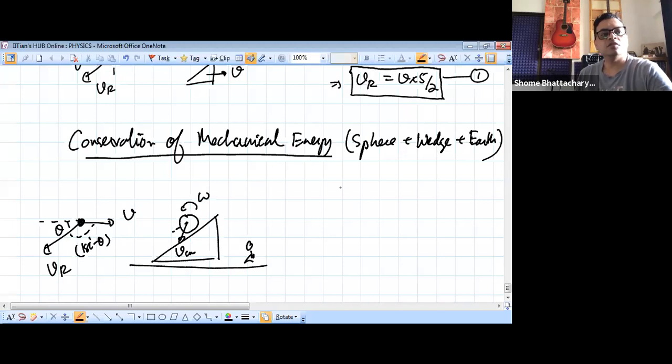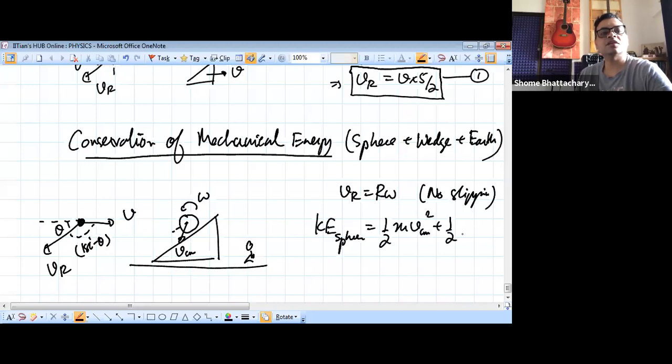So first of all, V relative will be equal to R omega for no slipping. That's a constraint relation. And kinetic energy of the sphere in the ground frame will be half m VCM square plus half ICM into omega square, where VCM is the velocity of the sphere's center of mass with respect to ground.